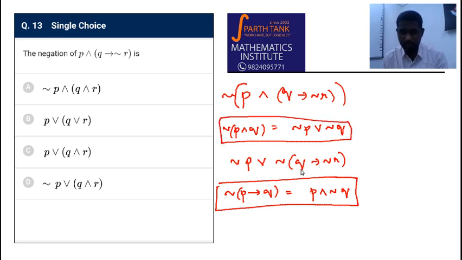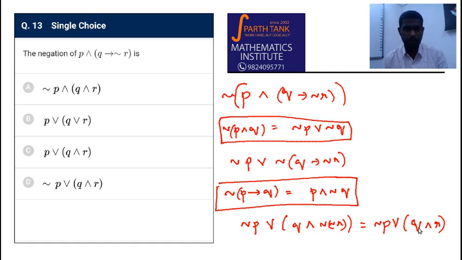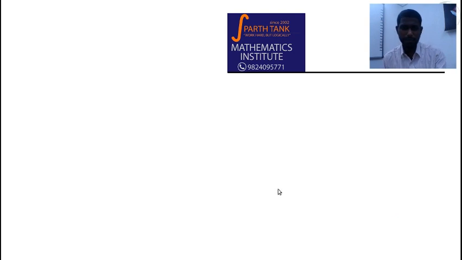So here, consider this as P and this as Q. So this becomes negation of P, or negation of Q implies not R becomes Q and not of not R, which is not P or Q and R. So not P and Q and R is not P or Q and R, option D. So question number 13, option D. Remember the identities, these are simple to solve.